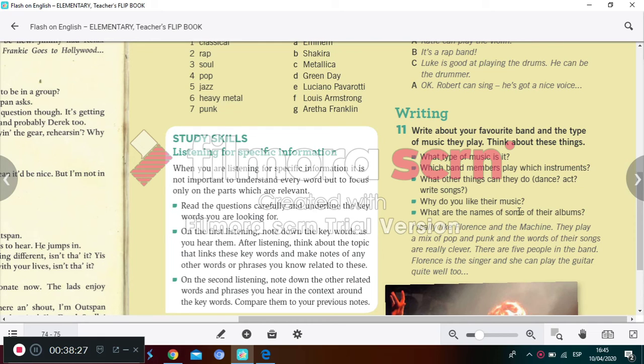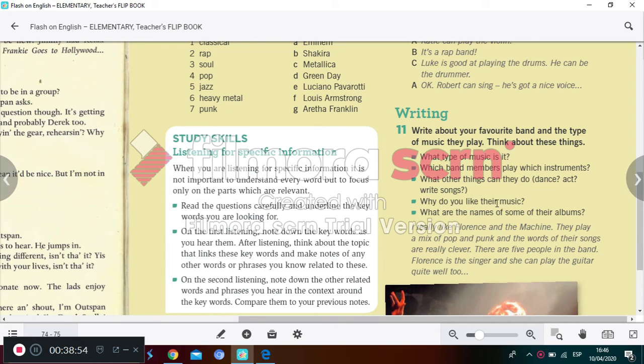Juanita plays the drum. Okay, like this. Now, what other things can they do? For example, Pepita plays the guitar, but she can play the drum and she can dance and sing. Okay, like this. Now, next question.